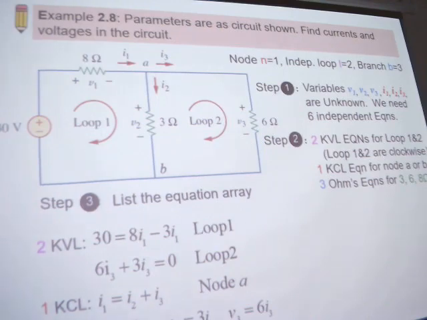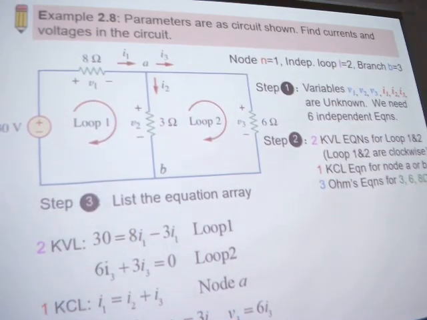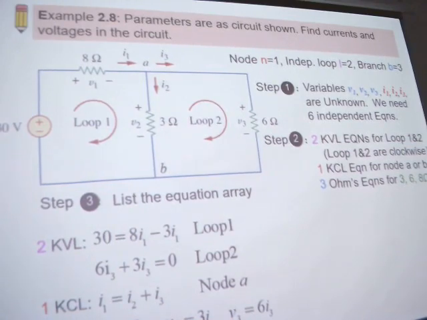So we can say inside here we have variables I1, I2, and I3. 3 unknown variables, 3 equations, and we can get I1, I2, and I3, right? And then we still need to get V1, V2, V3. So we still need those 3 Ohm's law equations, and we put our I1 here, I2 here, I3 here inside, and we get V1, V2, V3. Understand? And then we get all the values we want.